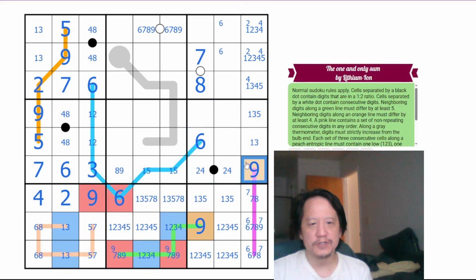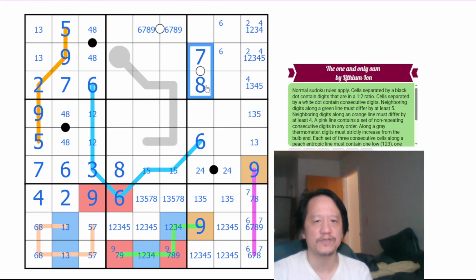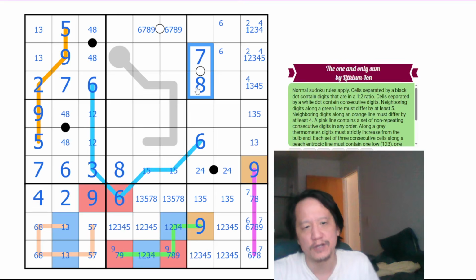A 9 here means this can't be 9 here, it's 8. That means this can't be 8. Seven is here, 8 is here. So this is either 6, 9, or 7, 8 adding up to 15, plus 15 adding up to 30.